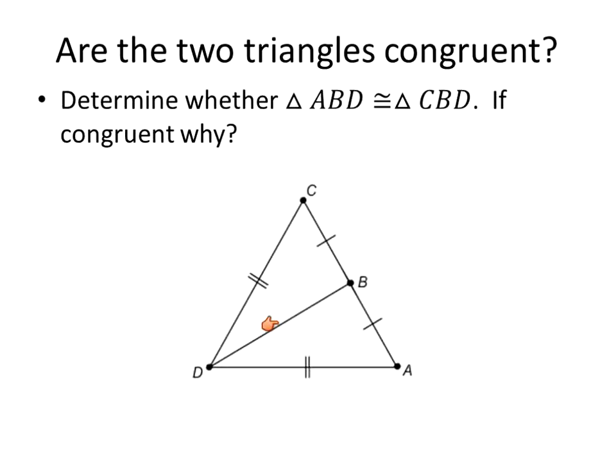And I notice that the two triangles share that third side. So that tells me that BD is congruent to BD, and we know we have a special property for that, and it's the reflexive property.